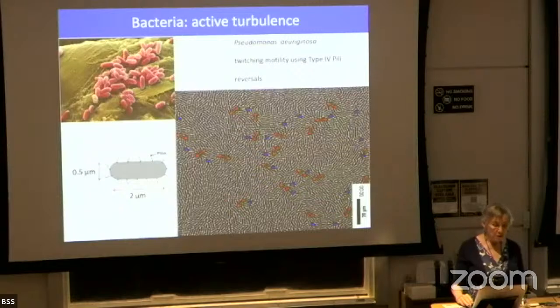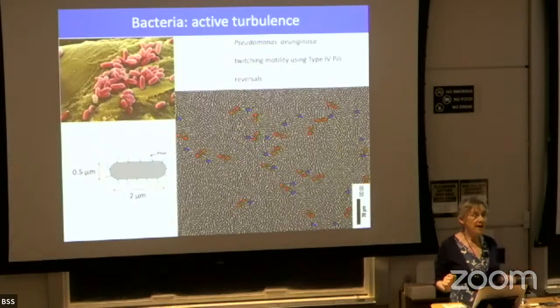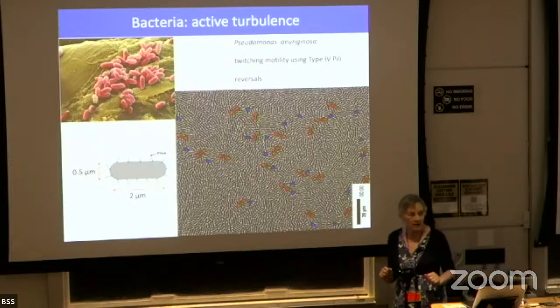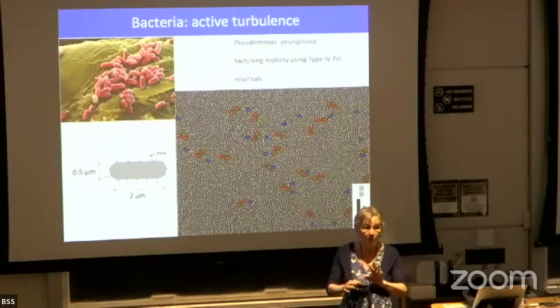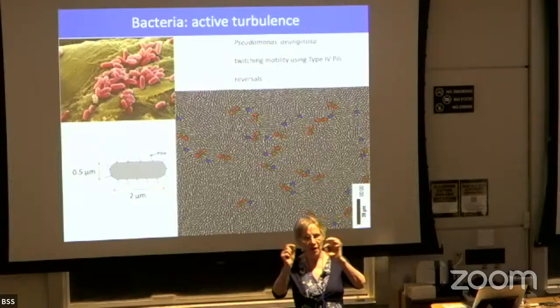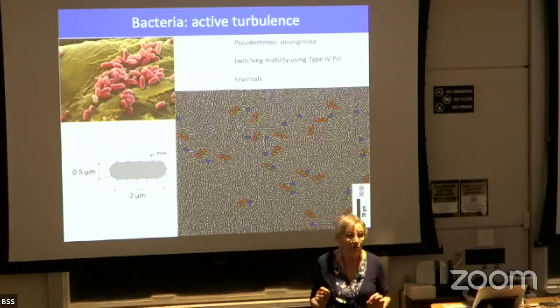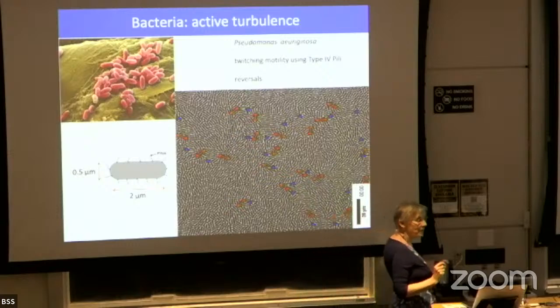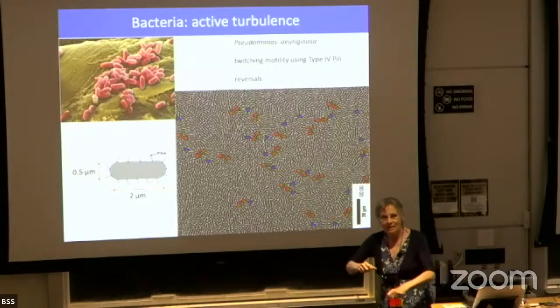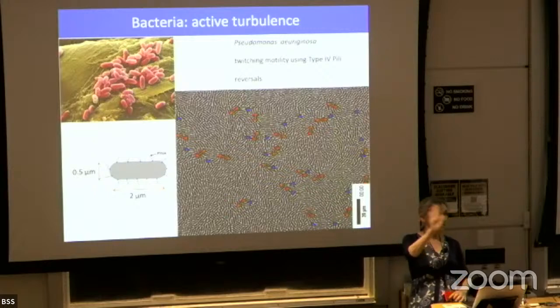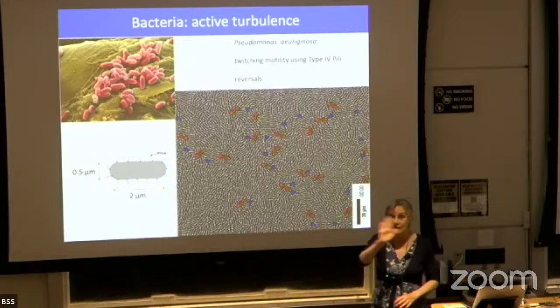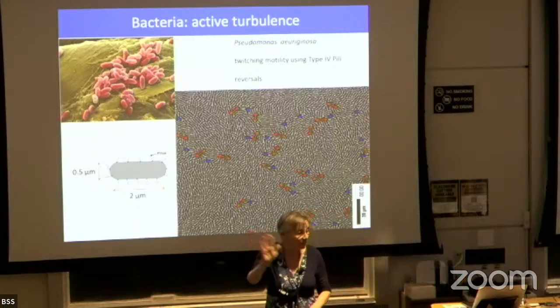And then I'll finish off with bacteria. These are Pseudomonas, twitching bacteria. So they work by actually using the substrate. They pull on the substrate with these little hairy things which are sticking out from their sides called pili. And so they're sort of going like this. And they move forwards and backwards. So the motion might be nematic. It's going in both directions.